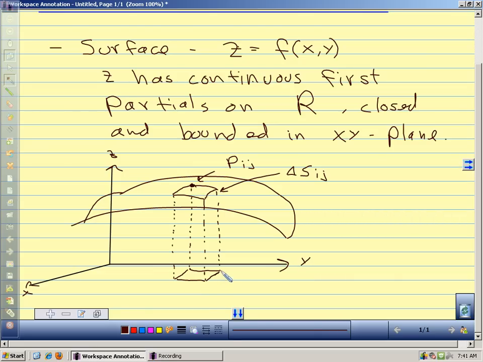And the dimensions of our rectangle are delta x sub i and delta y sub j. And this corner here is at x sub i, y sub j.